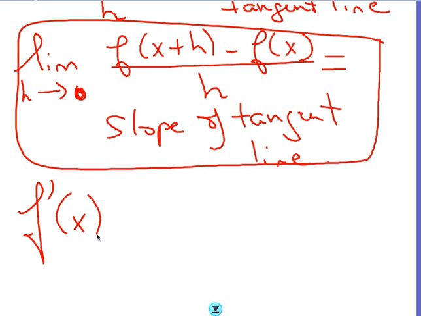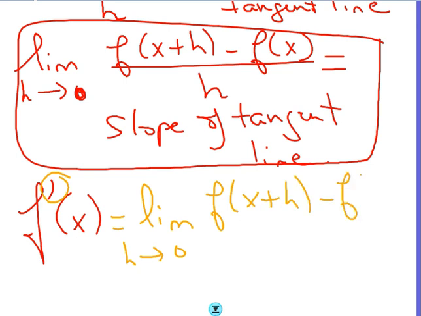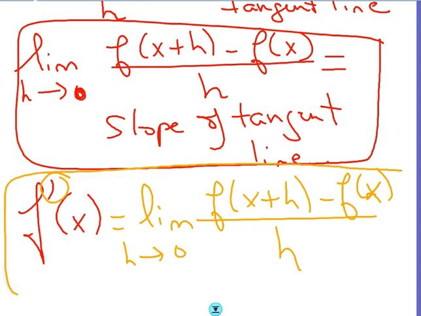This prime here means the derivative of my function f. So f prime of x is equal to the limit as h tends to 0 of f of x plus h minus f of x over h. So this is the definition of the derivative of a function at any point x.